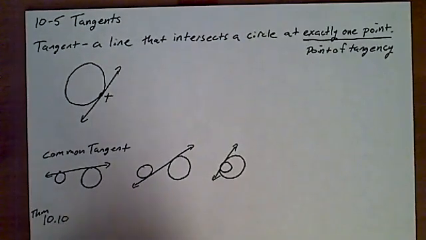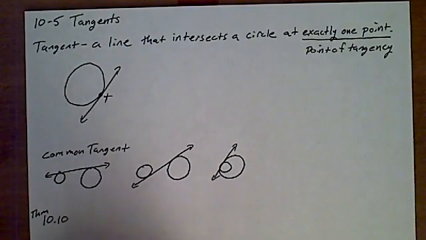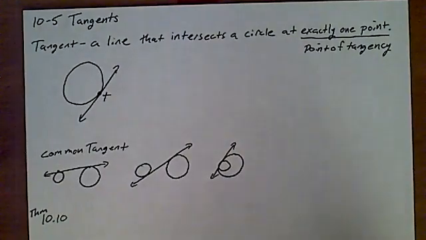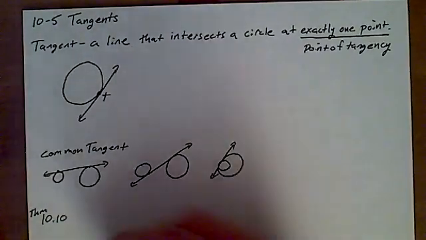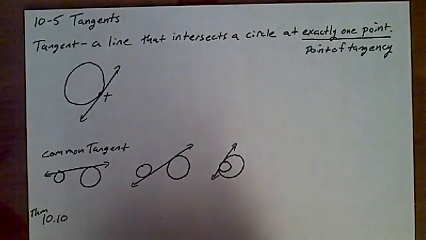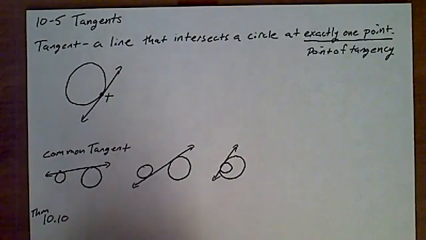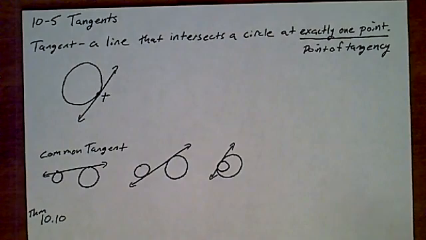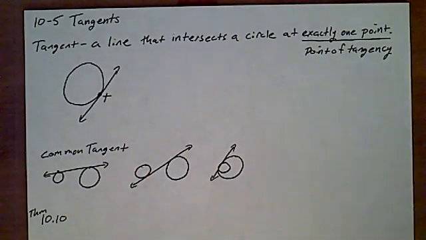So if we have a circle, and a tangent drawn to the circle, and we draw a radius of the circle to the tangent line.